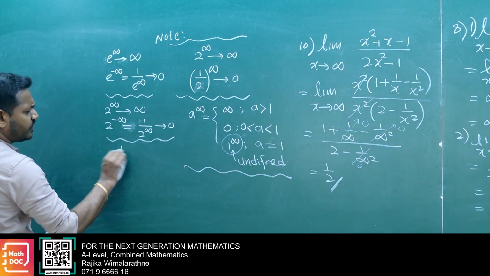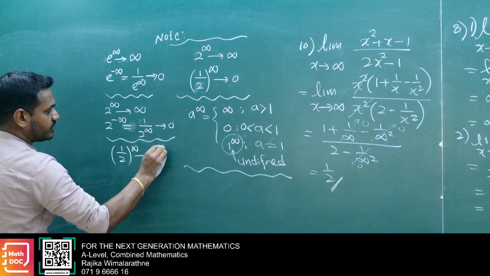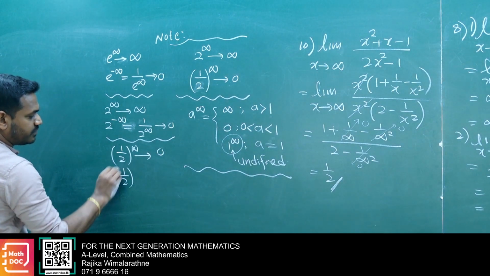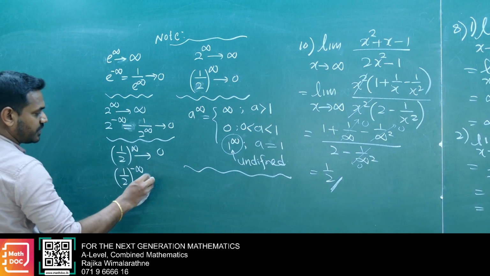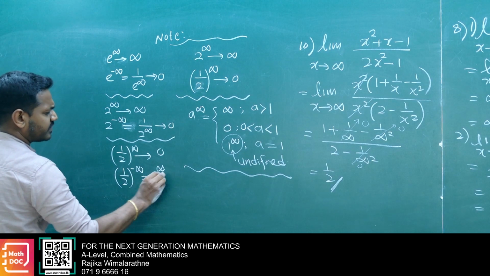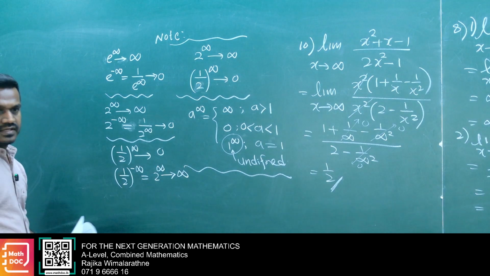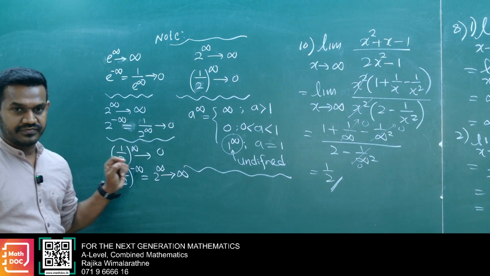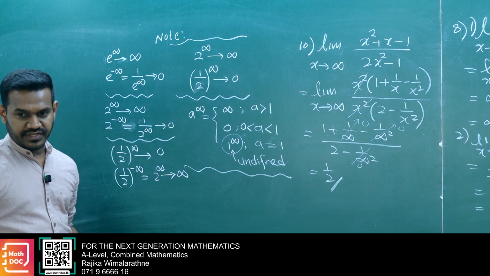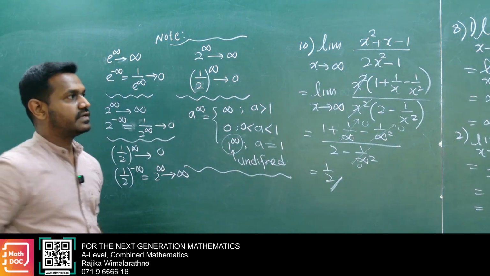Then 1 over 2 to the power infinity goes to 0. 1 over 2 to the power minus infinity: for the minus you take the reciprocal, so it is 2 to the power infinity, which goes to infinity. Better to put this note.